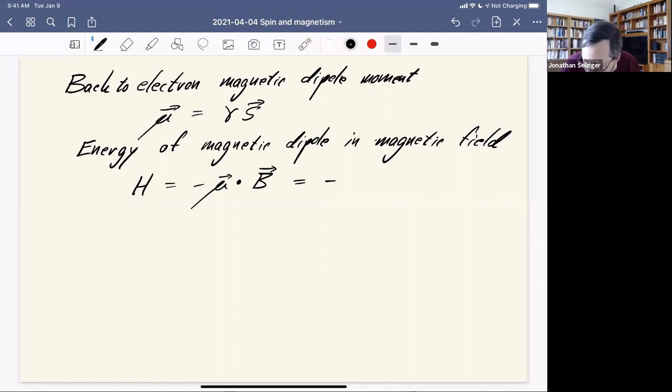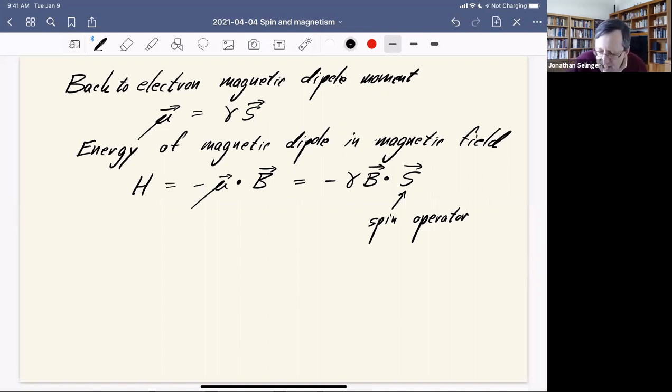So this is negative gamma B dot S, where S is the spin operator. This is the simplest example where the spin operator goes into the Hamiltonian, so the energy depends on the spin state.